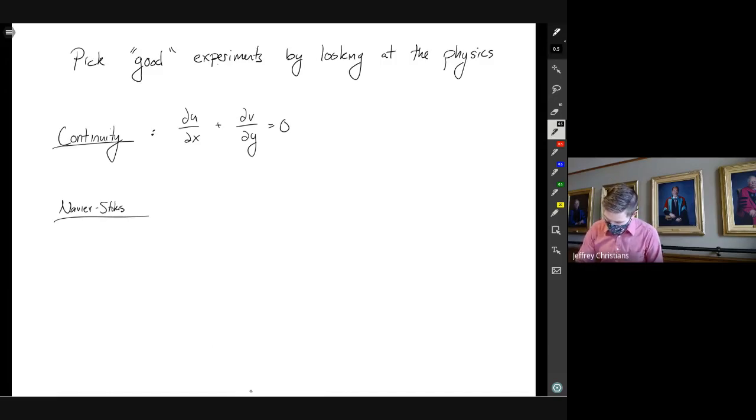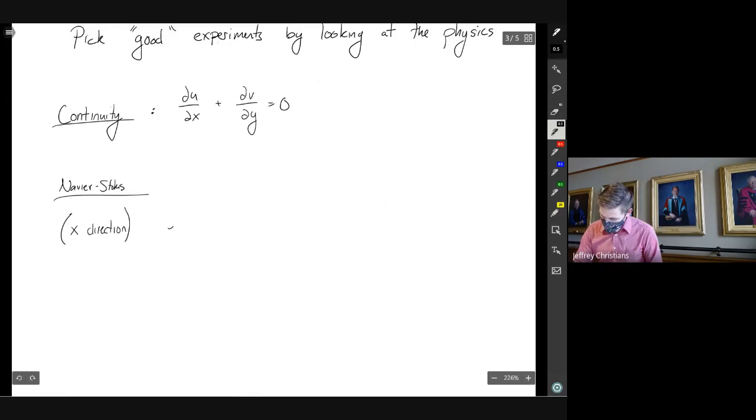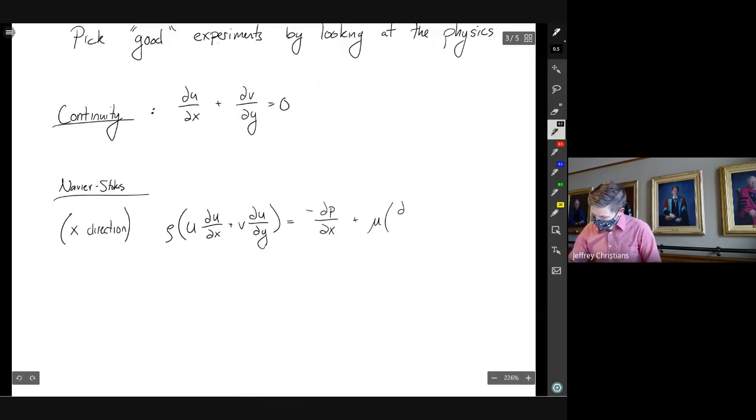So in the x direction, this would be rho, du dx plus v du dy, equals minus dp dx plus mu, d squared u dx squared plus d squared u dy squared.